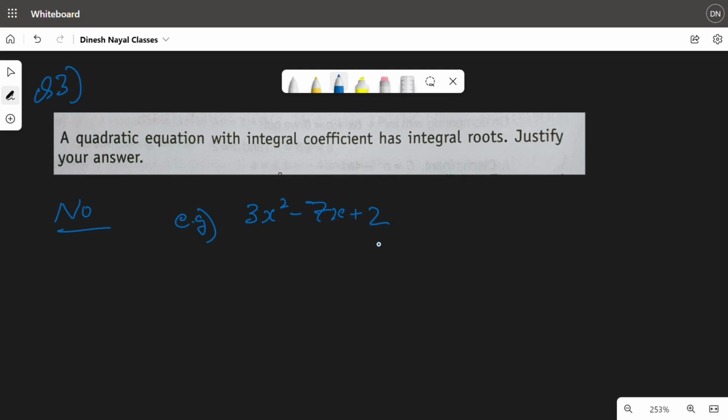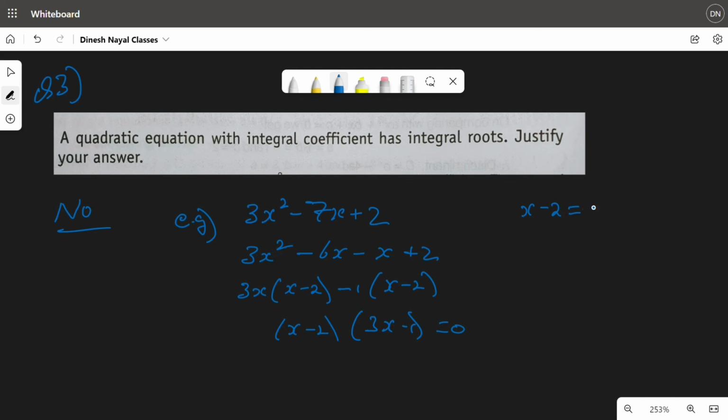Now let's do the factorization, or the middle term splitting. So 3x square minus 7x, you can write as 3x square minus 6x minus x plus 2. So we can take 3x common, giving 3x into x minus 2, minus 1 common, so minus 1 into x minus 2. Now take x minus 2 common, so this will be x minus 2 times 3x minus 1, which should be equal to 0.